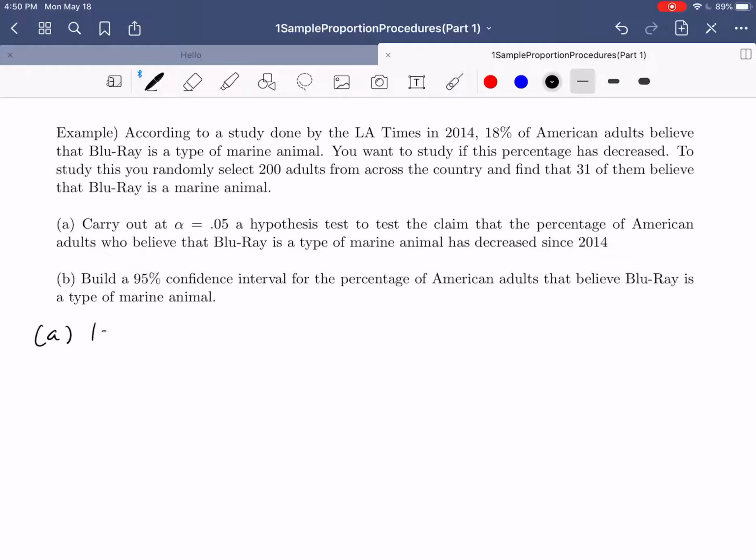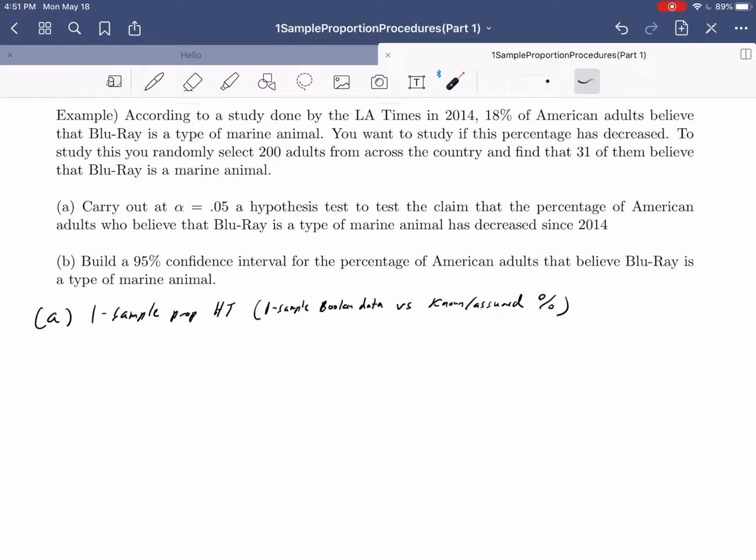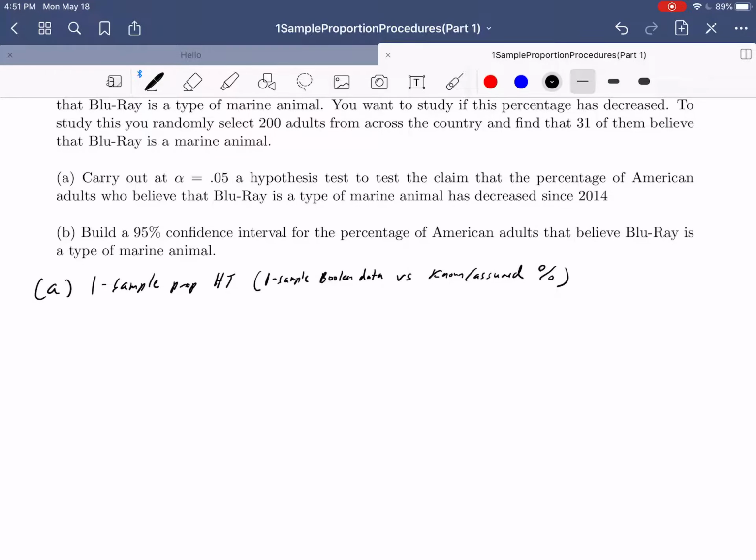So this is going to be a one sample proportion hypothesis test: one sample of Boolean data versus a known or assumed percentage. That's exactly what this is designed for. We've got our one sample of Boolean data, those 200 people that we interviewed, and a known or assumed percentage. So let's go ahead and set this up.